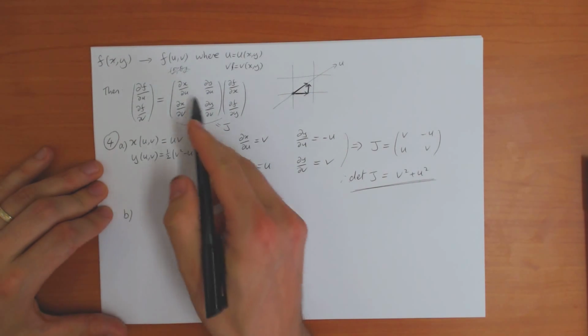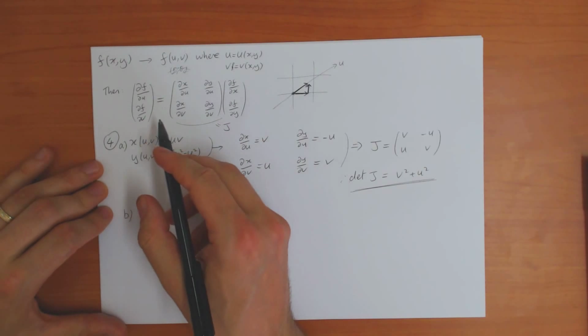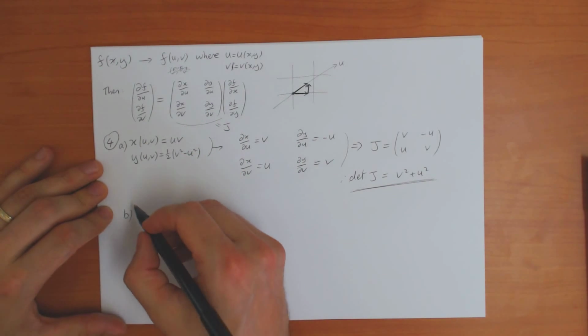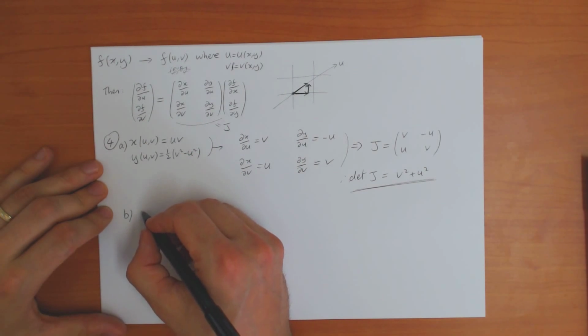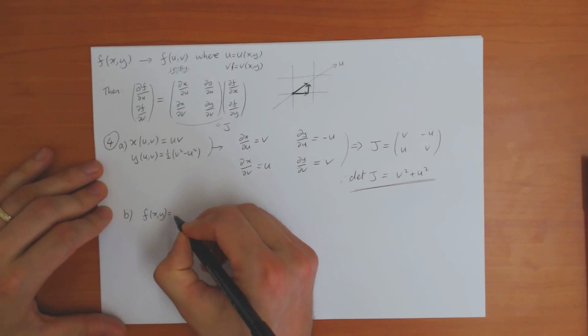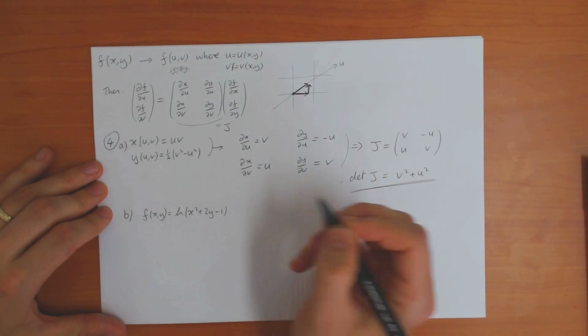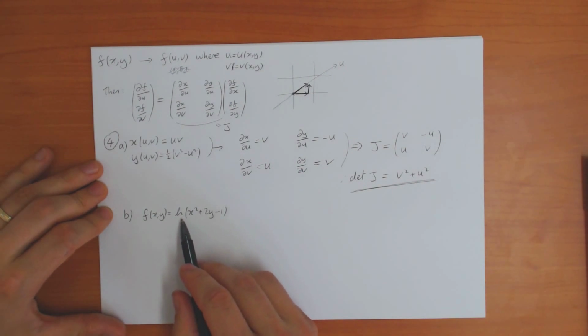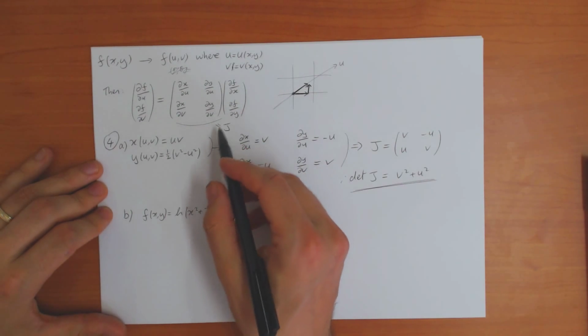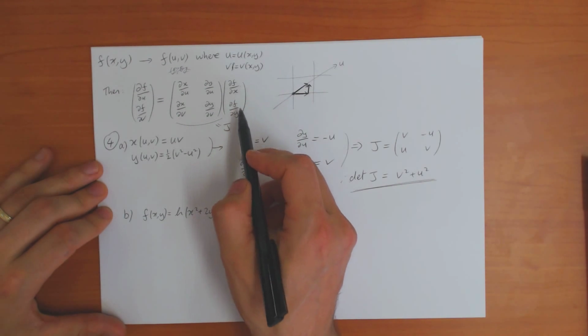Part B asks you to use this formula for the partial derivatives to calculate, in this case, for the function f of x, y is log of (x squared plus 2y minus 1). So if we're going to use this formula, we need to find derivatives with respect to x and y.